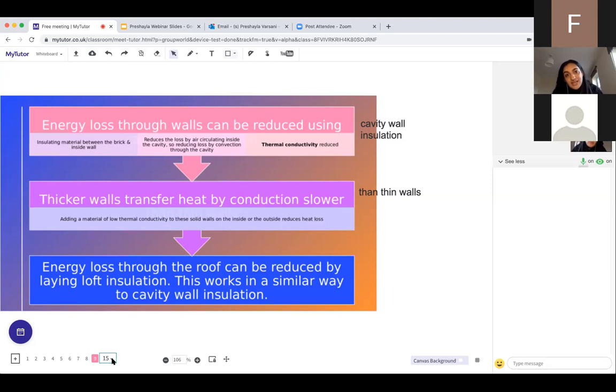If you have loft insulation, if you have wall insulation, you know that your money's going to a good place. So it's going to heat up the house rather than just heat up the outside of the house because you don't have very good insulation. So it depends on the design of your house and what features you have installed in your house to reduce that loss of heat.